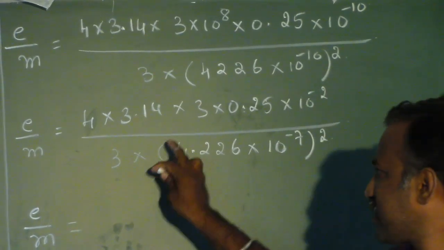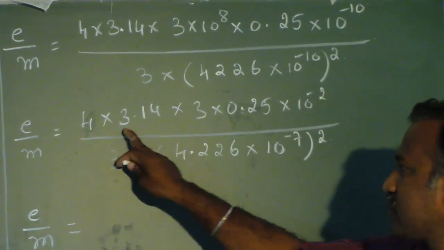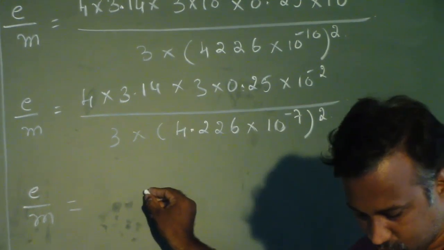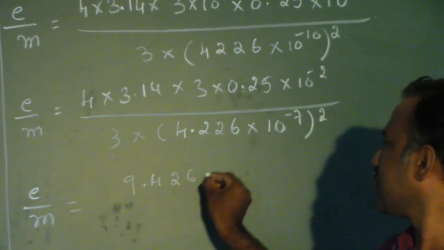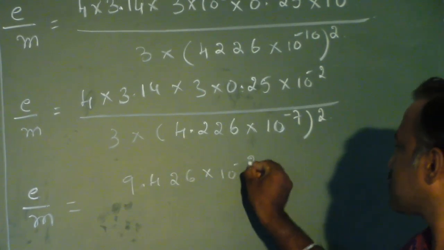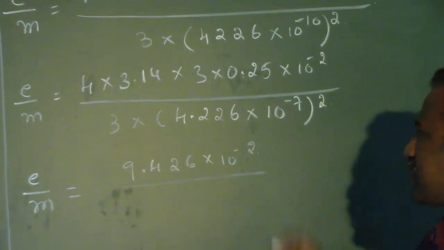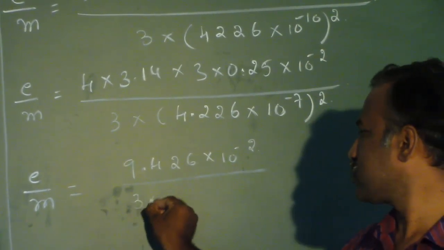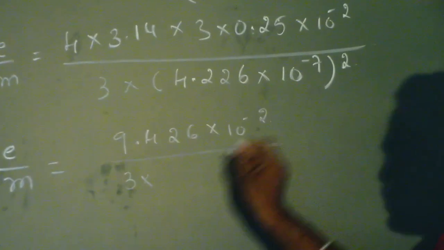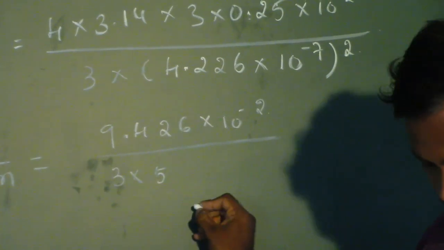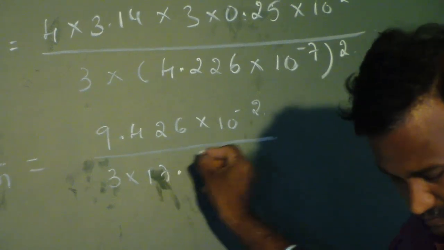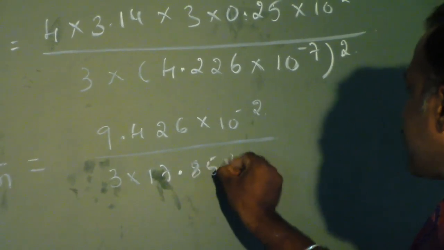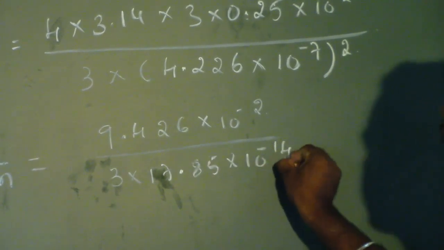Now if I simplify the values in the numerator, it turns out to be 9.426 into 10 to the power of minus 2, divided by 3 into, if I square and simplify this, around 17.85 into 10 to the power of minus 14.